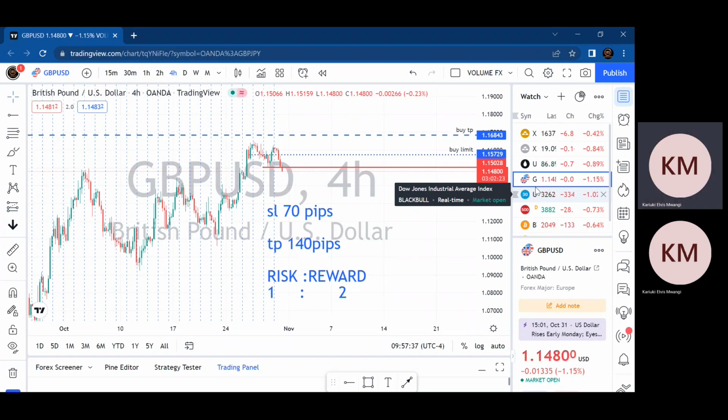The risk will still remain: he's willing to lose this amount of money. Let's say, for example, the stop loss is 30 pips.